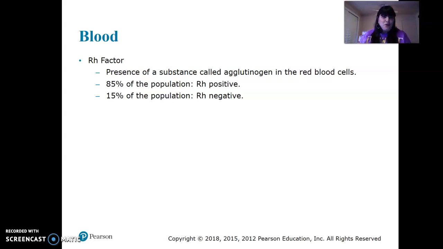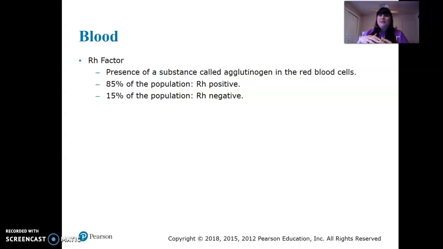It means nothing to you, but if a woman is RH negative, it's very important to know, because if she has a baby who's positive, the baby could be positive, because remember, a baby gets genetic information from mom or dad. If the baby's RH positive, that means it has this extra protein on the red blood cell.